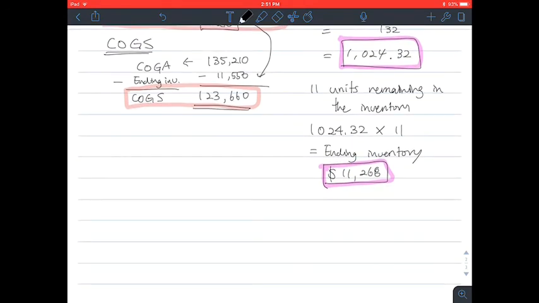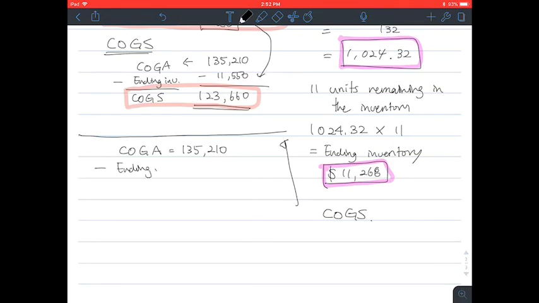Next, we are going to find the cost of goods sold. We just use the same method over again. We have the COGA, which was $135,210 less ending inventory, which is $11,268. So if you do that, we get the cost of goods sold, which is $123,942.